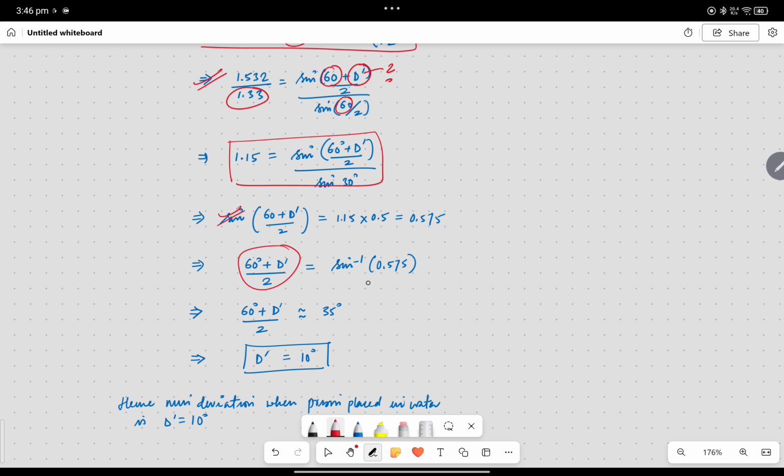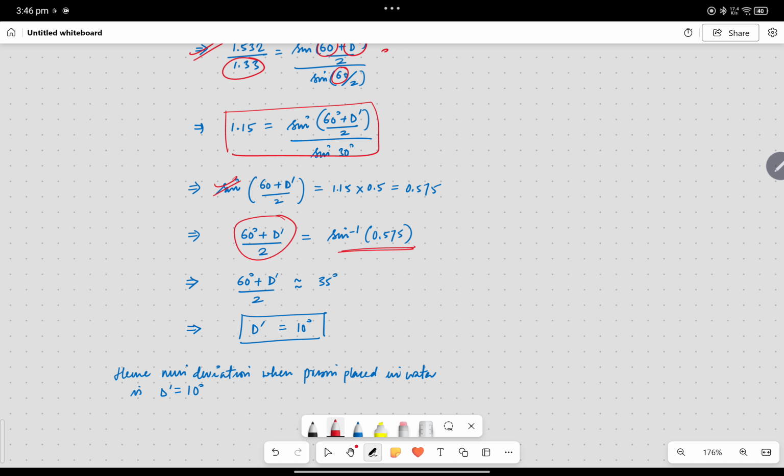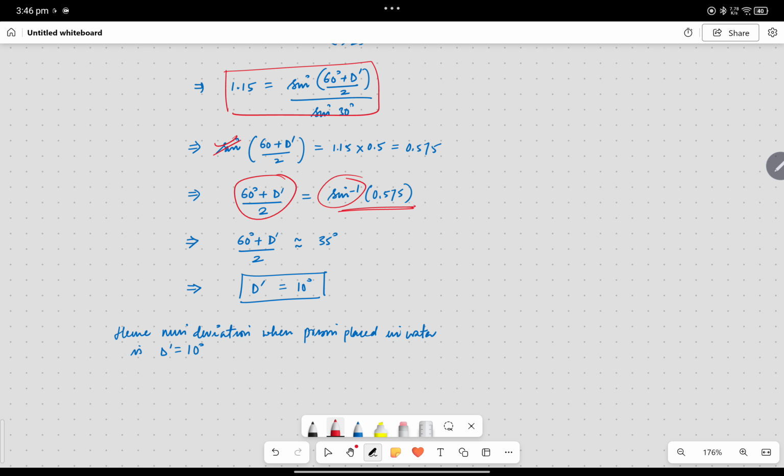There is some complication in calculation, but in the board exam, the value for the sine or the theta used here is given to you, so don't bother about that, and just focus on the approach of the question. Then you solve for this and find the new minimum angle of deviation in the prism-water system. The minimum angle of deviation is 10 degrees that you have obtained, right? So that is your answer.